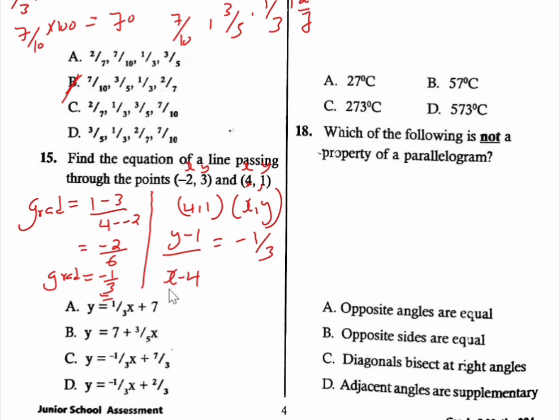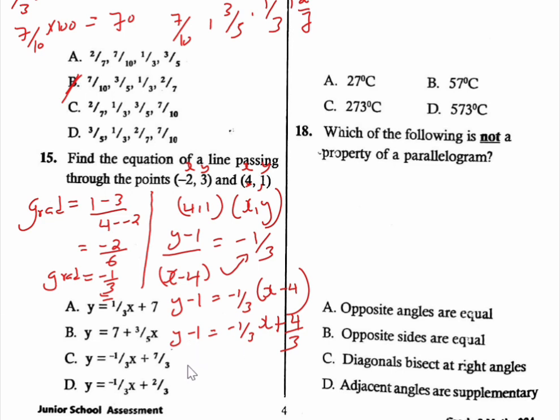I'm going to multiply this number by what is on the right. So I remain with y minus 1 is equal to negative a third into x minus 4. I'm going to open the brackets and collect like terms. This is y minus 1 is equal to negative 1 over 3 x, and negative a third multiplied by negative 4 becomes plus 4 over 3. Taking negative 1 to the other side, it becomes a plus.